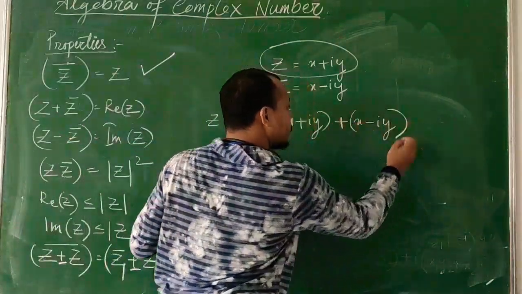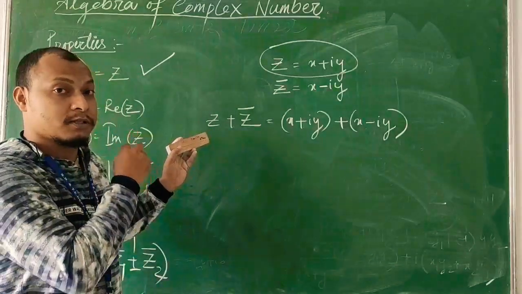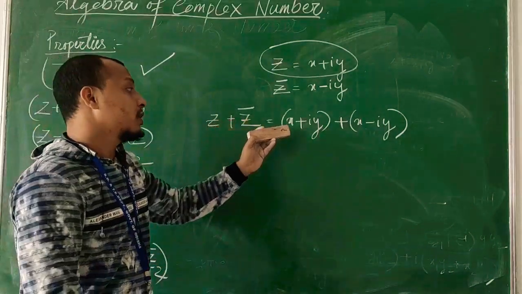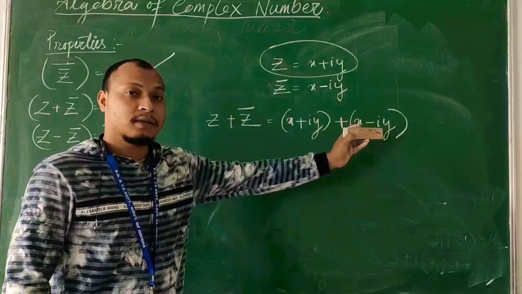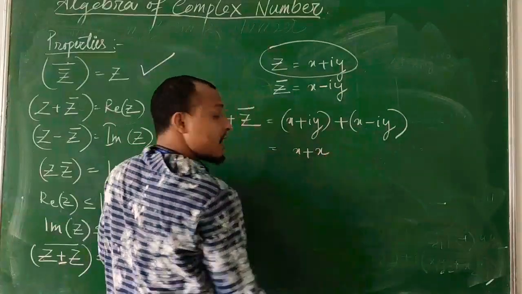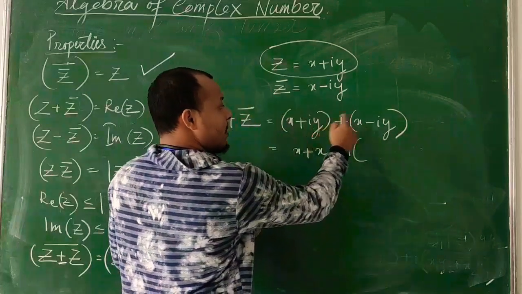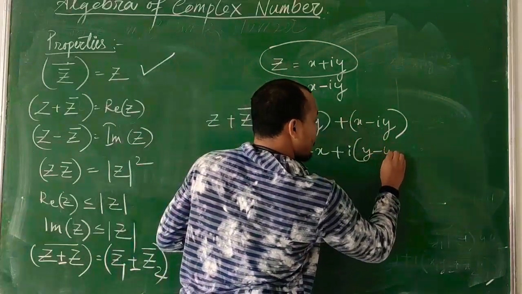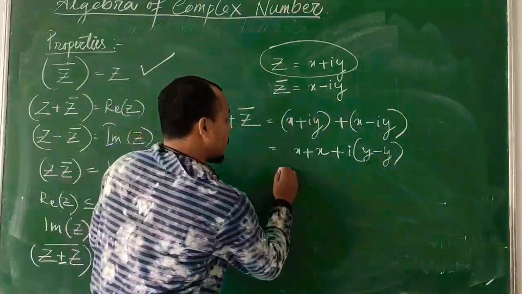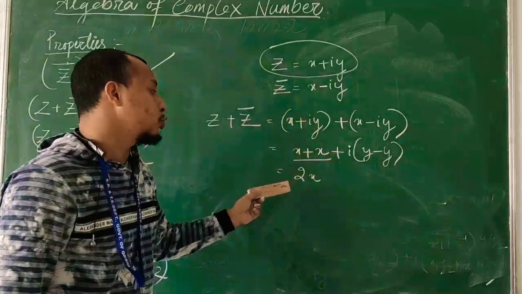We have studied in the previous slide that z plus z conjugate is the real part of the first with the real part of the second, so this will become x plus x. Now plus i into y minus y, and this y minus y will vanish.